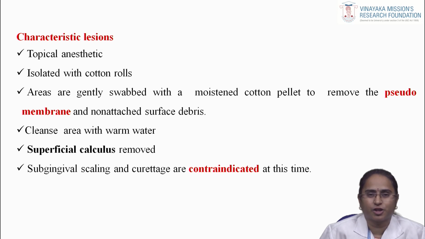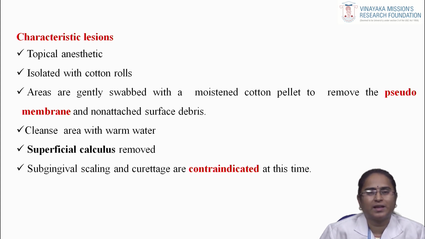On the day of the first visit, the treatment includes removal of the pseudomembrane and non-attached surface debris, which should be gently swabbed with a moist cotton pellet. After removing the superficial membrane, the area should be cleansed with warm water, and superficial calculus should be removed, preferably with ultrasonic scalers because they do not elicit any pain.